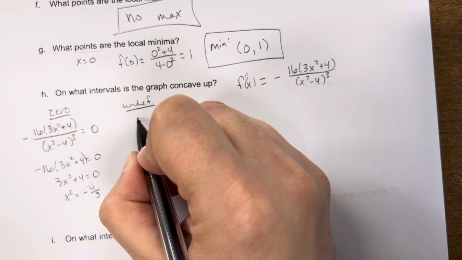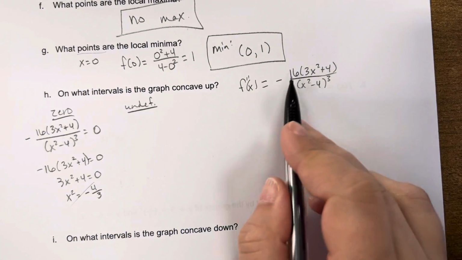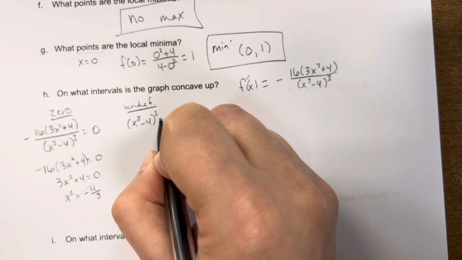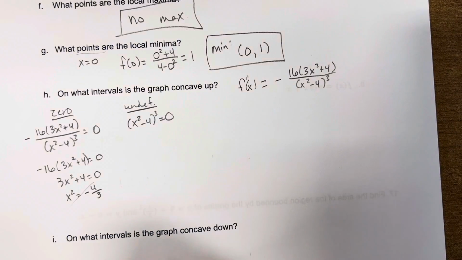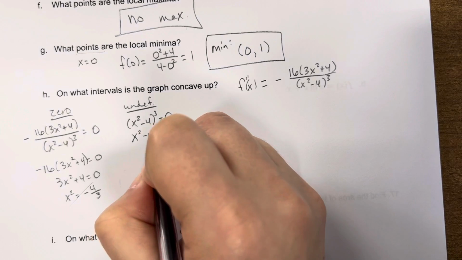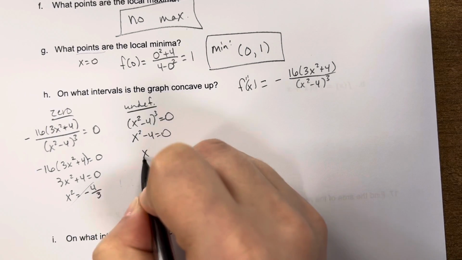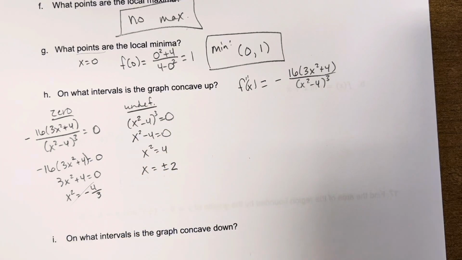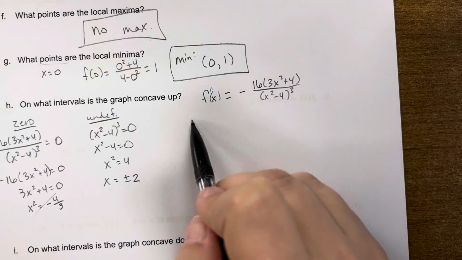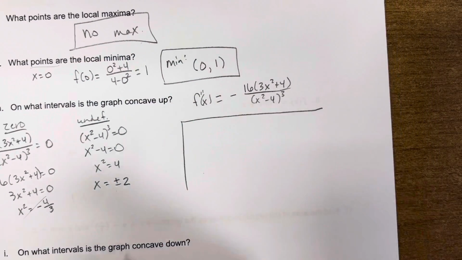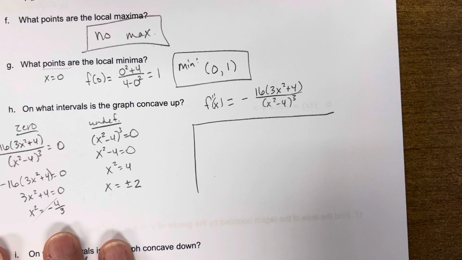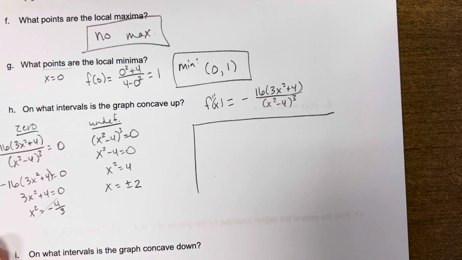Then the next situation is when is it undefined? That's where this denominator equals 0. So where x squared minus 4 cubed equals 0. If I cube root both sides, that's where x squared minus 4 equals 0. So x squared equals 4, or x equals plus or minus 2. This time when I'm doing my table, I have less things to worry about, because on the last one I had 0 as another one. This one I only have plus or minus 2.